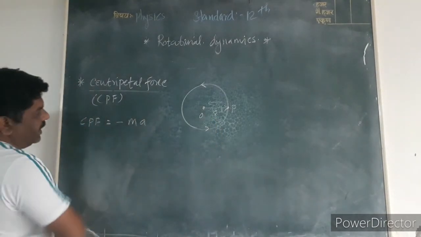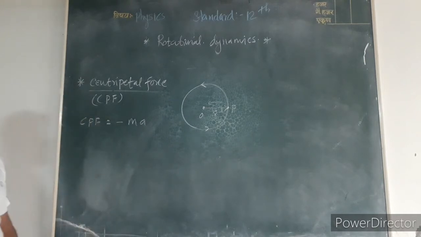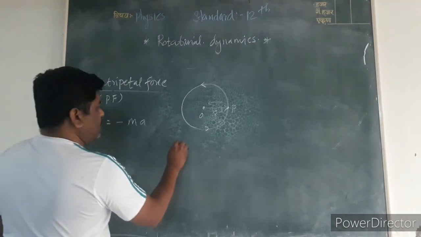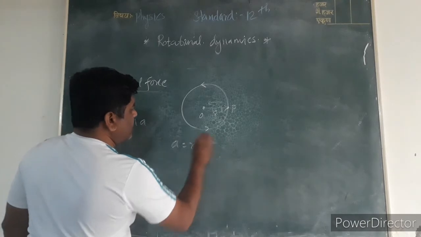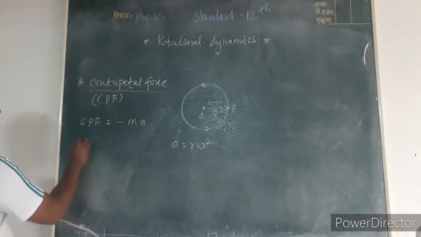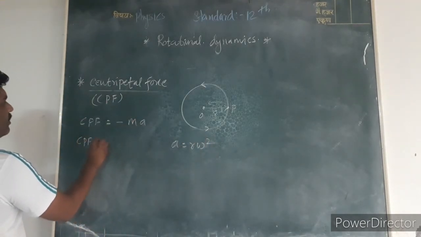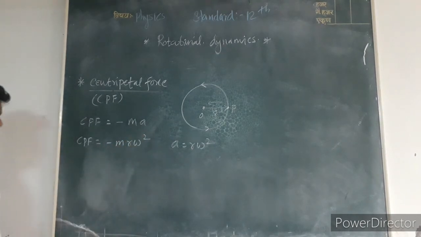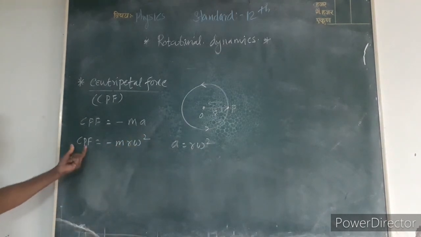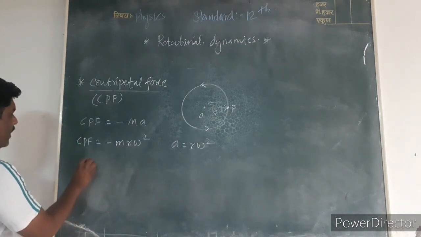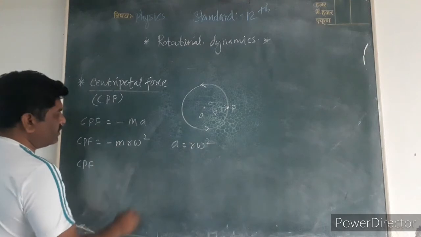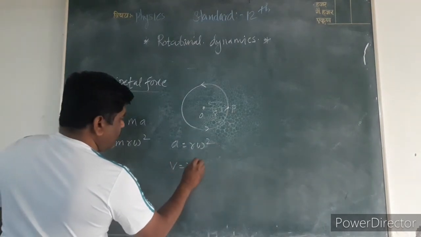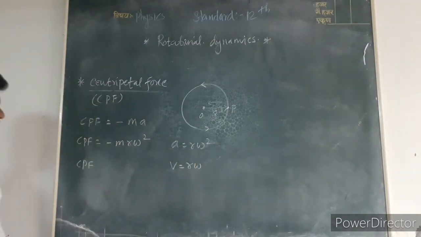Then we put the acceleration in circular motion. The acceleration is r omega square. Therefore, CPF is equal to minus m r omega square. This is the first formula of centripetal force. Second, for CPF, we know that v is equal to r omega.